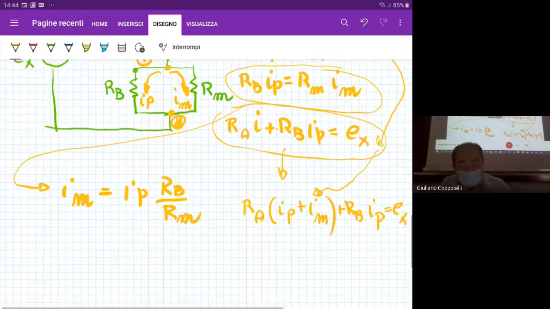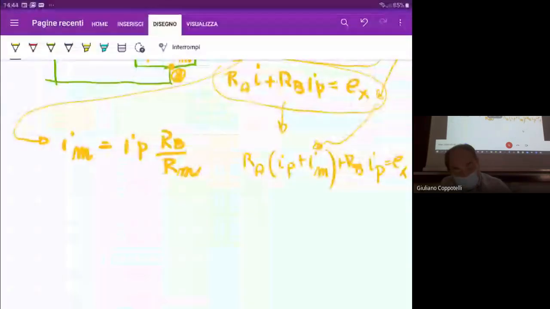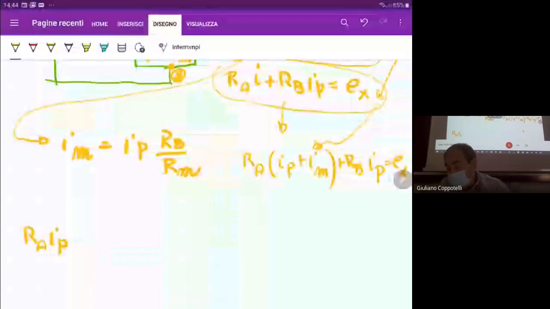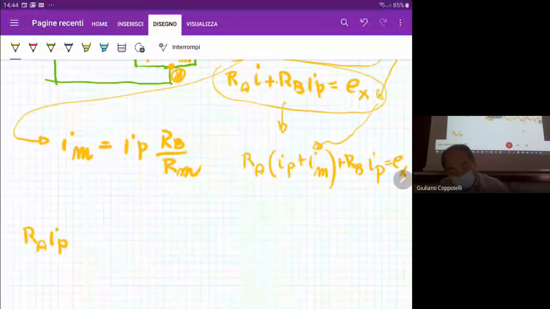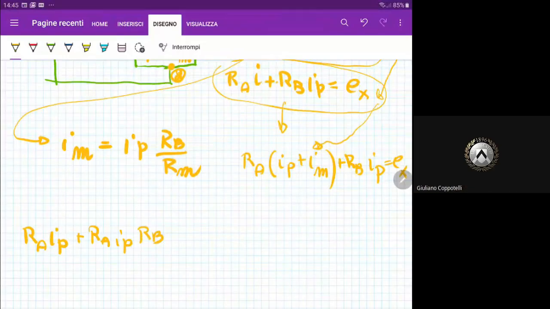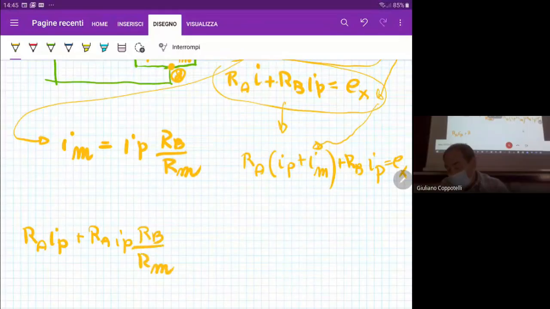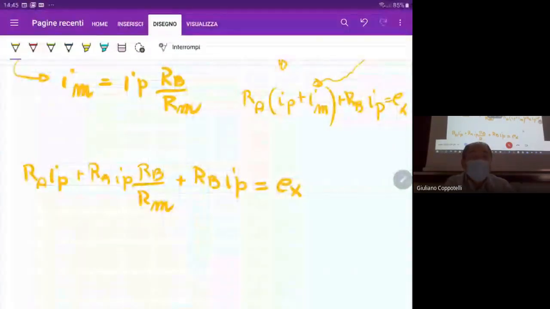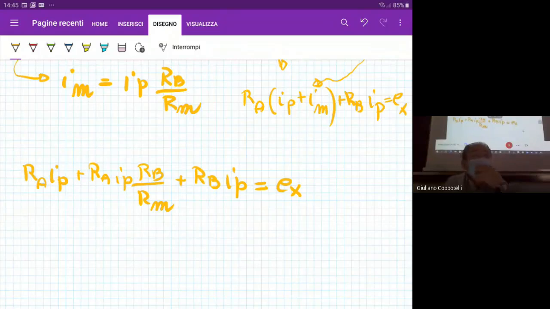Therefore, what I can write is that RA times IP plus RA IP RB over RM plus RB IP is equal to EX.